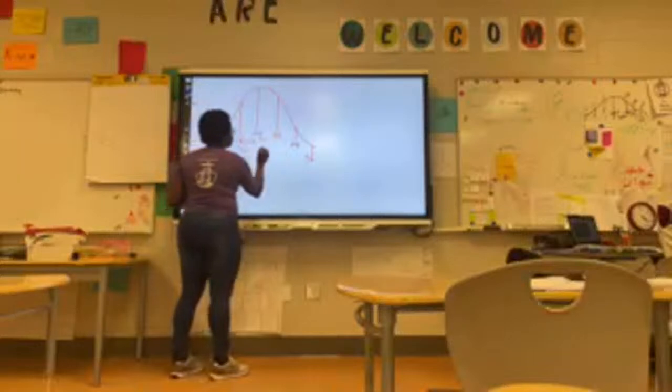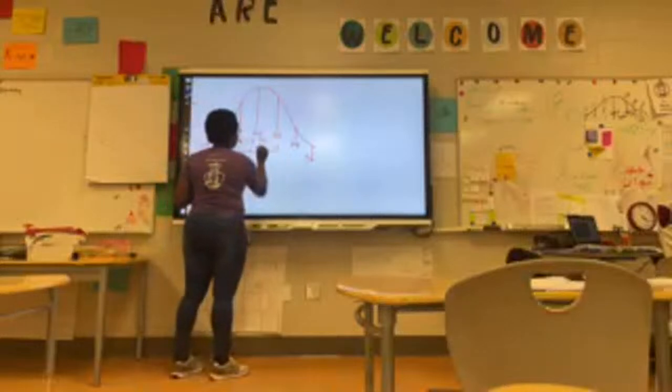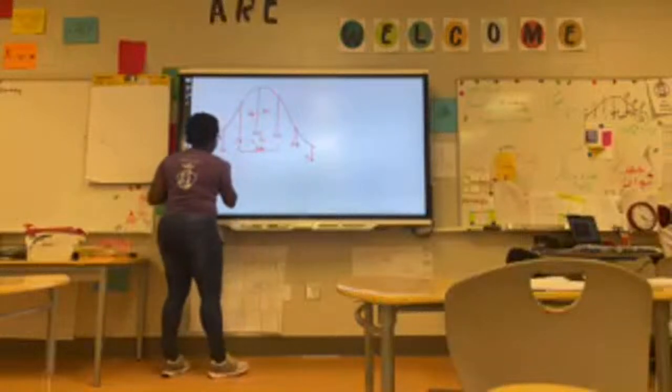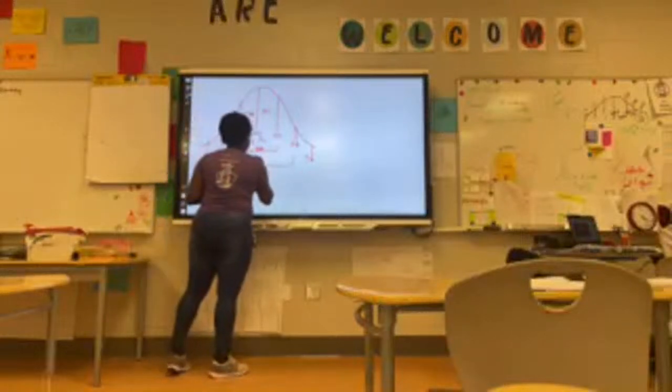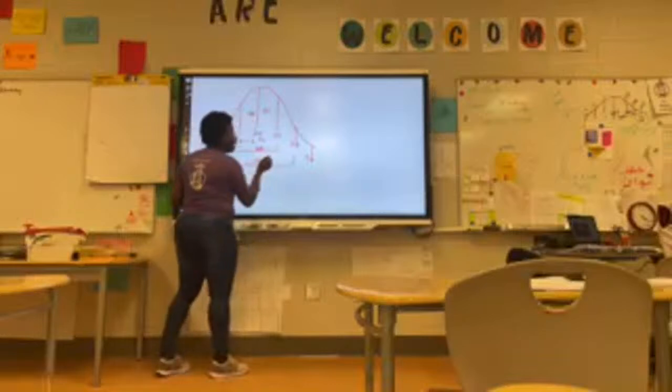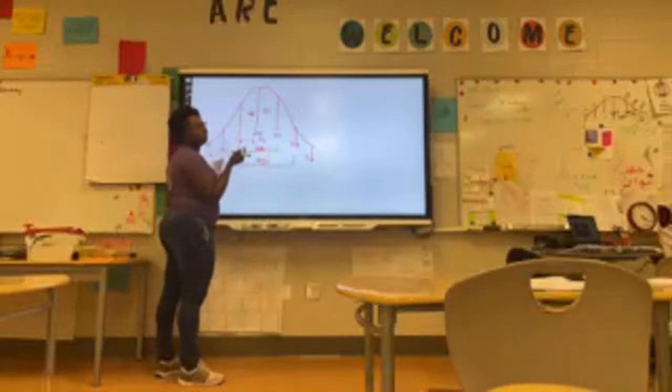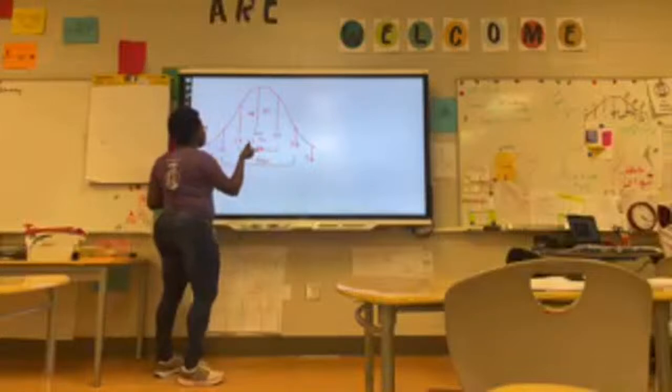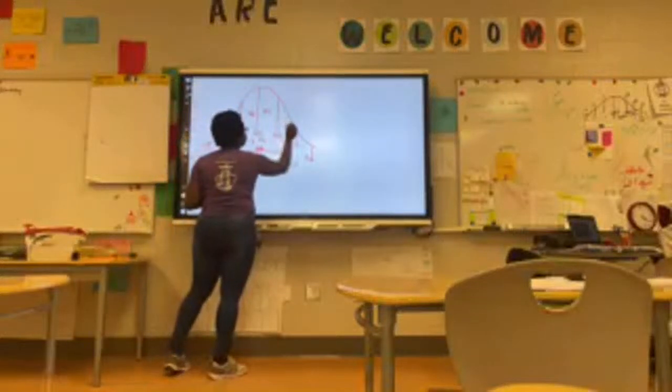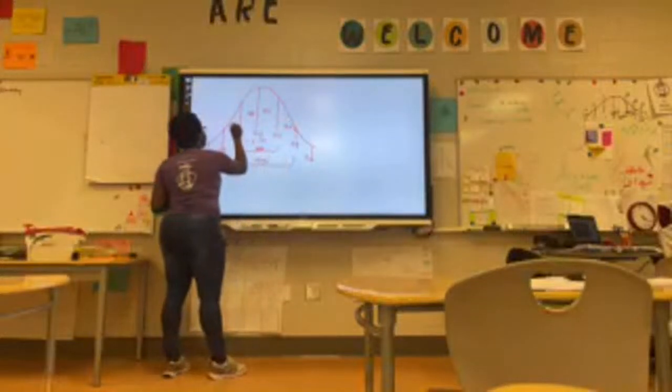So we know that's 68, which means that's 34, and that's 34. That's 95. If you divide this by 2, we should get 47.5. That means here is 13.5. Here is 13.5.